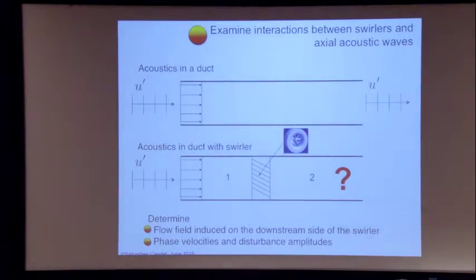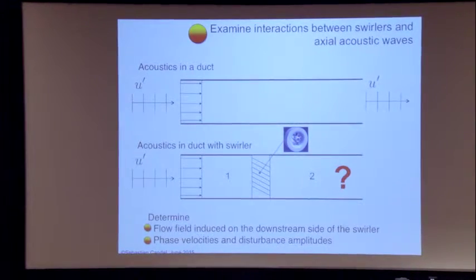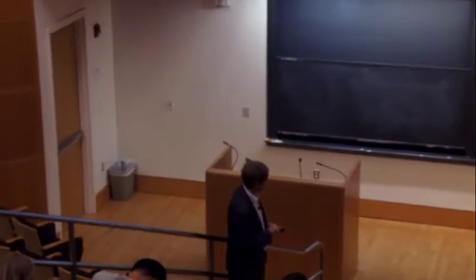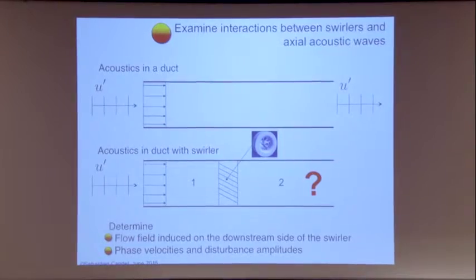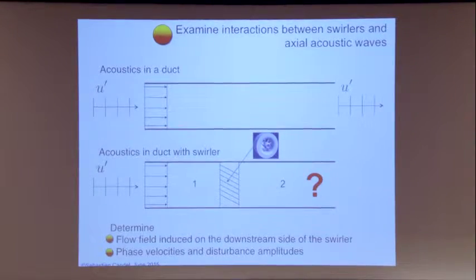When you place this device in the flow and you give swirl, what you produce on the downstream side is an acoustic wave, which is transmitted across the cascade. But what do you produce in addition? What can you expect in addition to the acoustic wave due to the presence of the cascade?